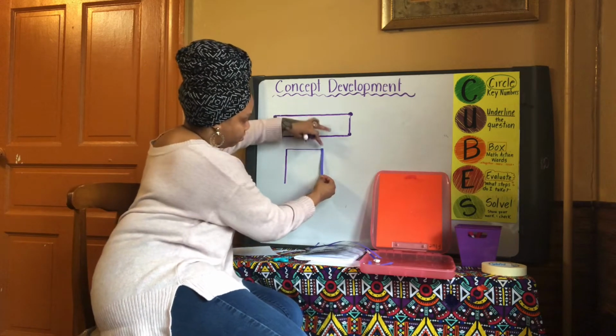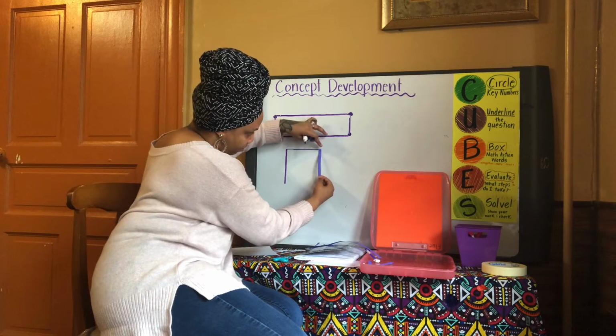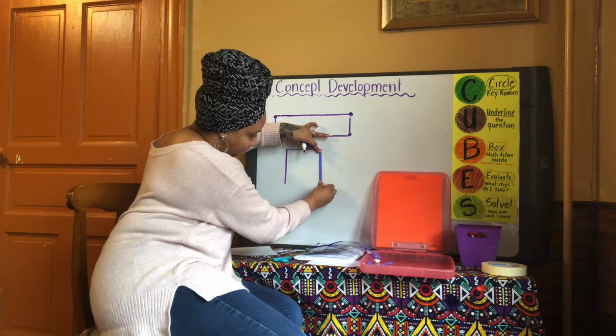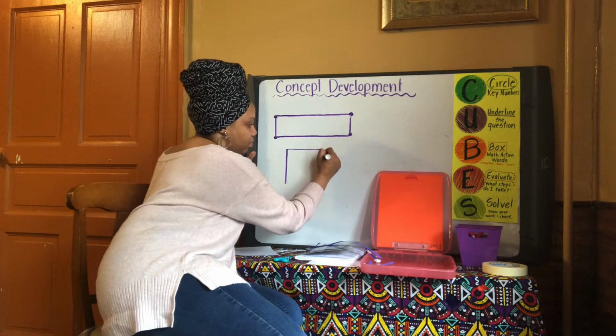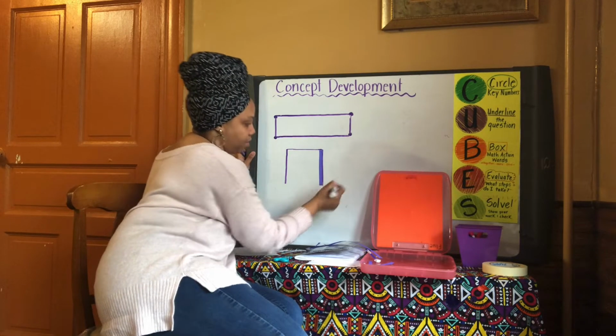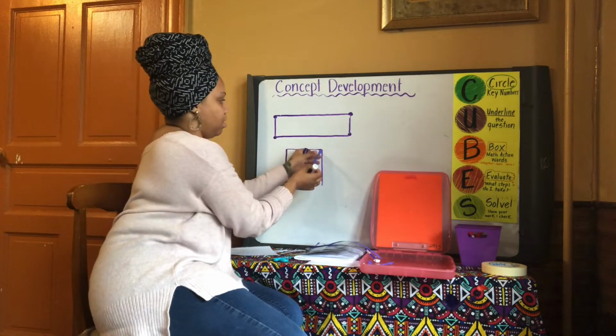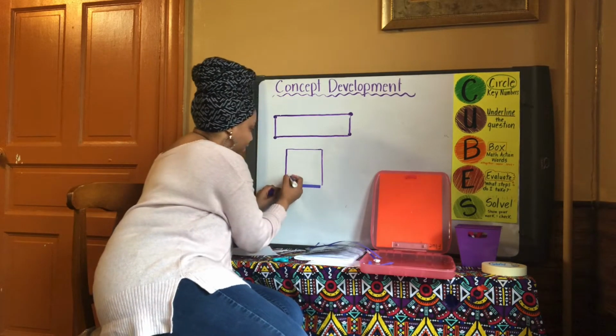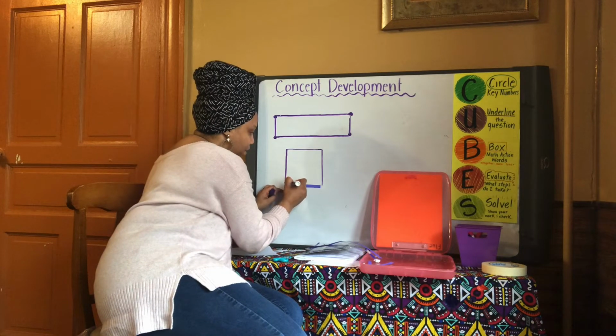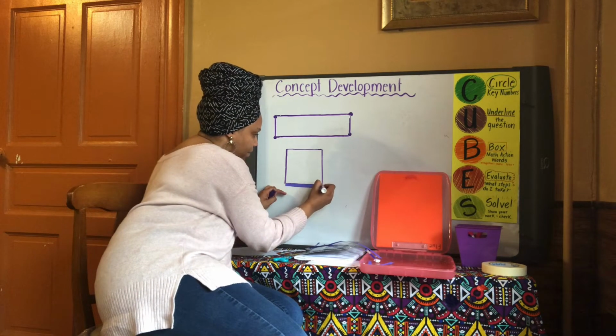I'm going to draw my third side using my building block to guide me like it's a ruler. Right down there. And I'll draw my final side at the bottom of my sheet. I have to make sure that each side is connected because this is a closed shape.